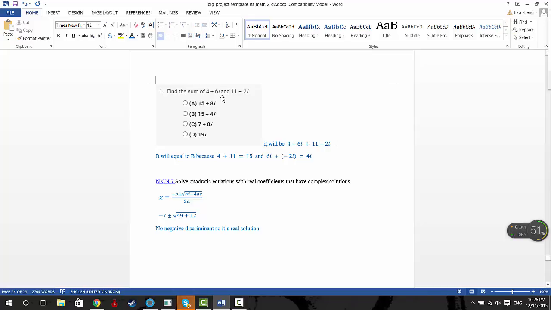Or not, wait, we switch sides, so it will be negative. It will be -11 minus 4.